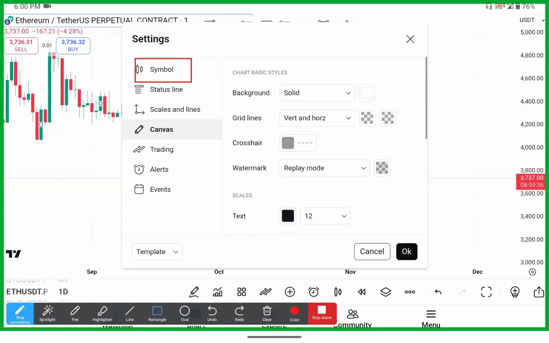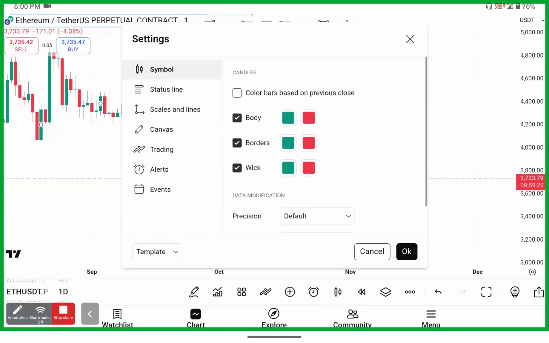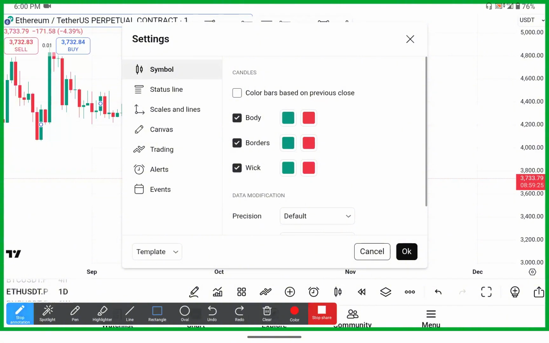That is the first thing, in case you want to change your chart colors. And then you will see here that candles have what we call the body, the borders, and then the wicks. Those are the only things you can change, and for me, I'm willing to change.